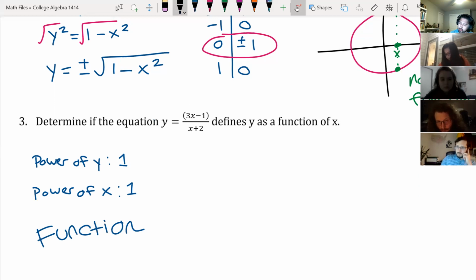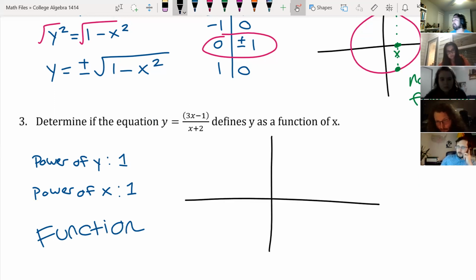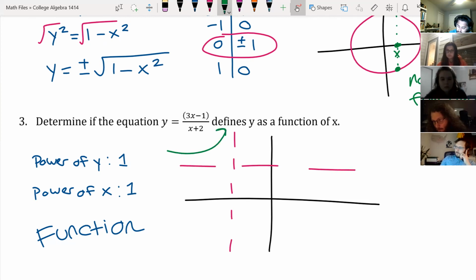You guys most likely don't know how to graph these yet, but we will later in the semester. A graph like this would look something like this. I would have that, and then I would have 1 at 3. So you would have something that looks somewhat like this.